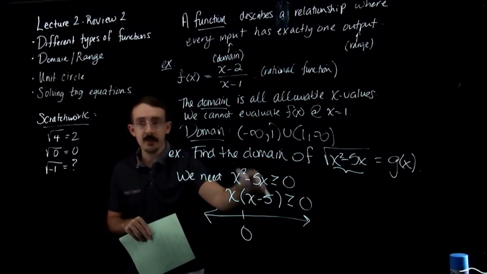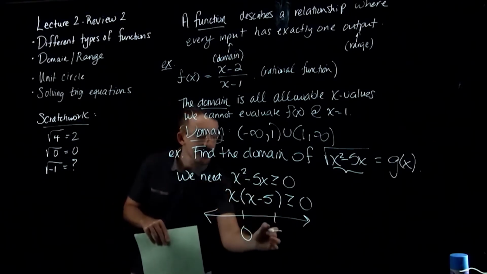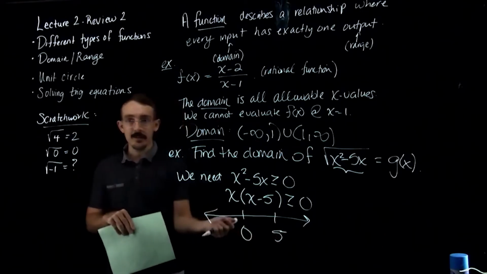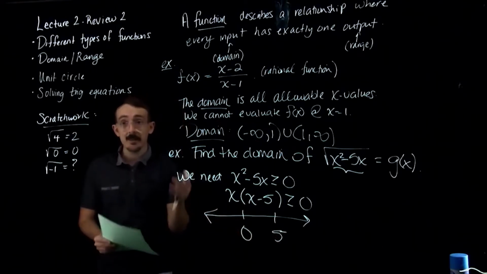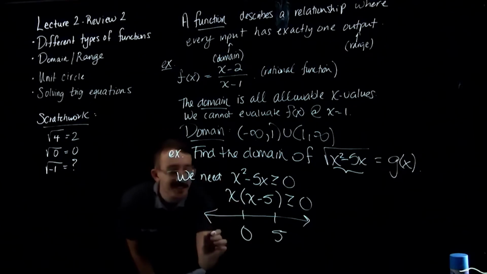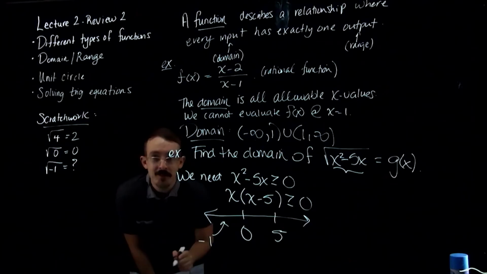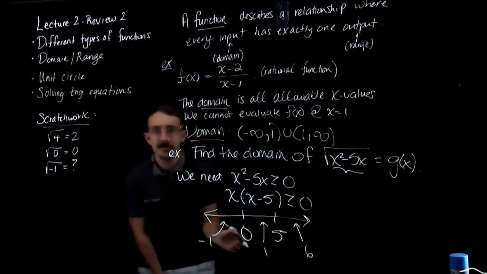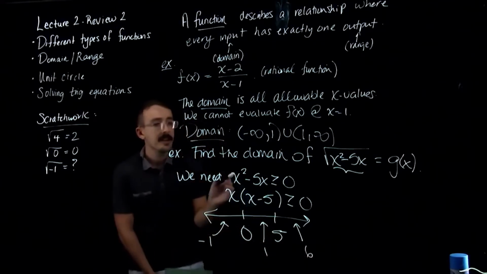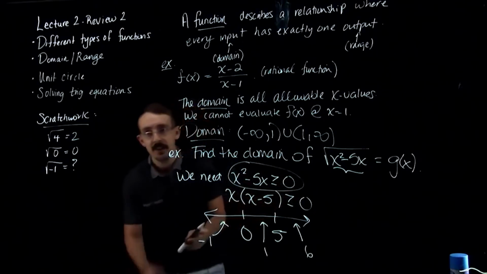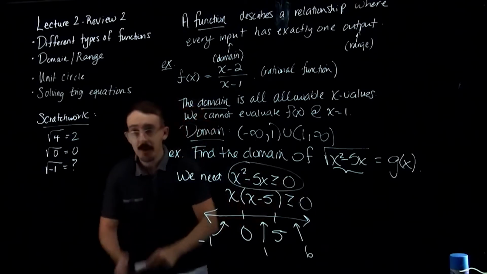This factor right here will switch from a positive to a negative. So we need to test 3 different intervals. And how we did that last time was we grabbed a representative from each one. So choose an easy one, make your life easy. Pick like -1 for this one. An easy number here might be 1, and an easy number here might be 6. So what I'd like to do is make sure that this is true right here. So that's what I'm testing. And let me grab a different color here.